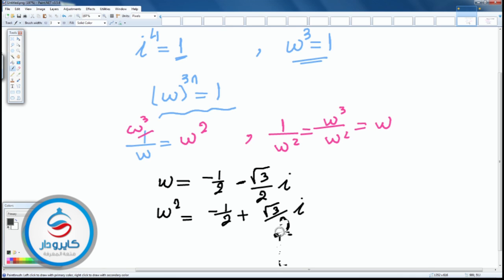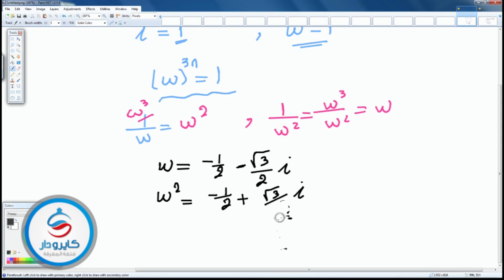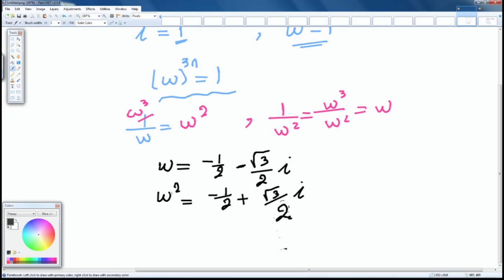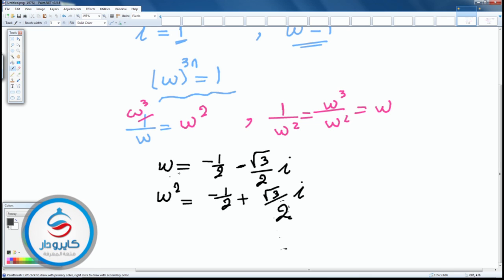Let's fix this number together. Which of them is omega and which is omega square? Both. There is no difference. We can say this is omega and this is omega square, and also we can swap omega and omega square. So what is the relation between omega and omega square?